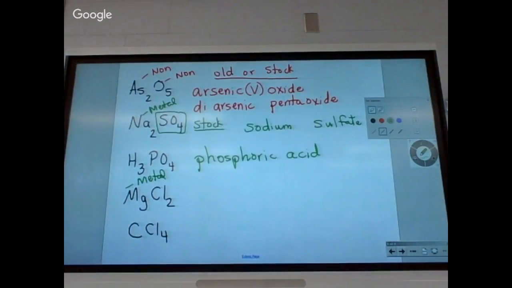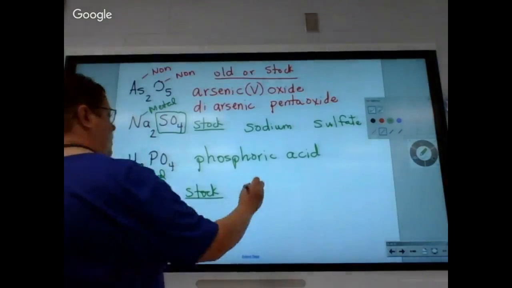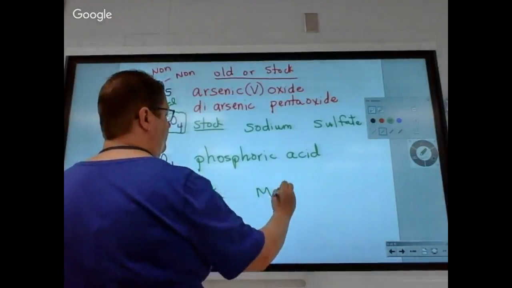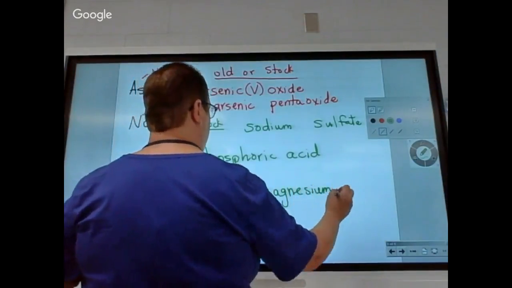As soon as you know Mg, and every time we say stock, that's the Roman number. Now, once we have that narrowed down, magnesium, I heard. What comes next? All right, chlorine becomes chloride.